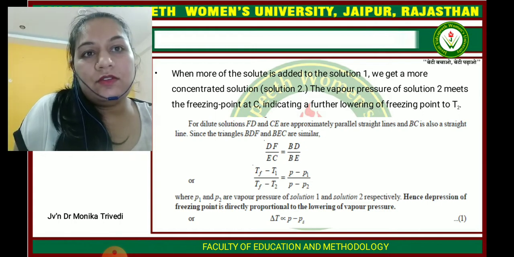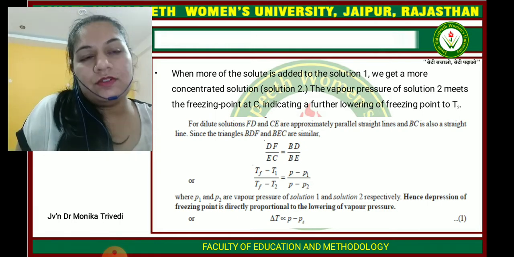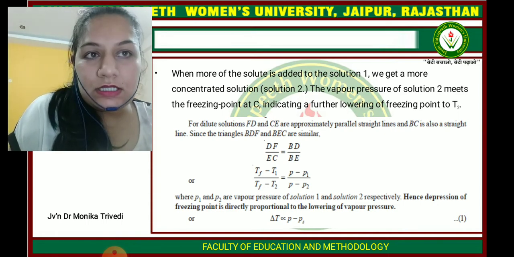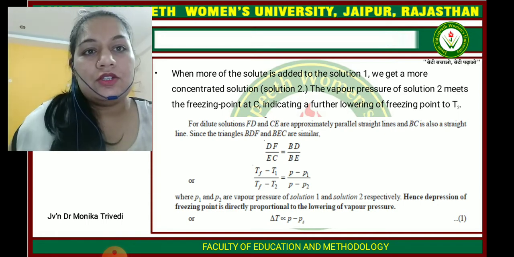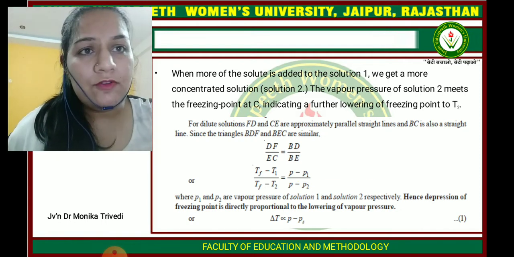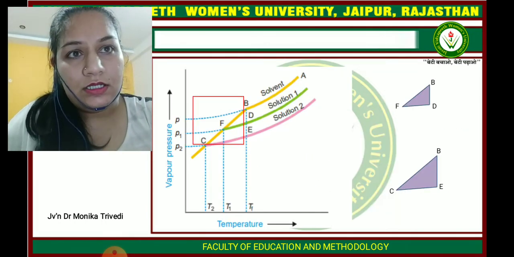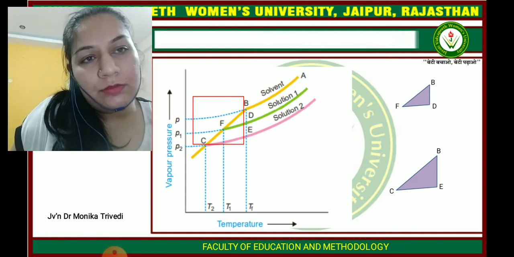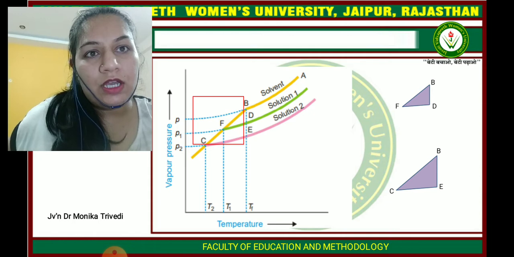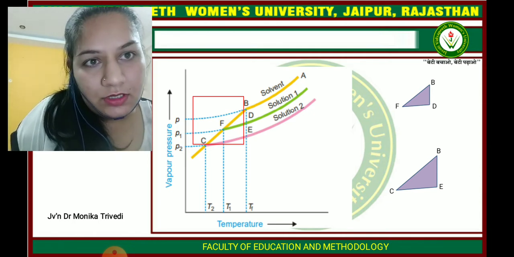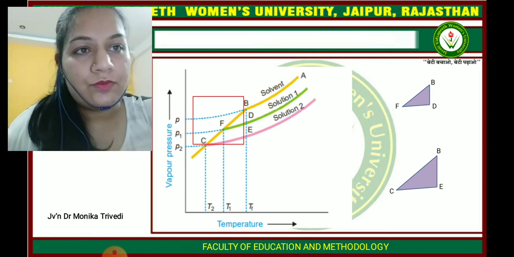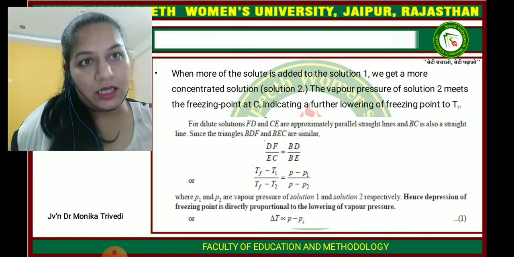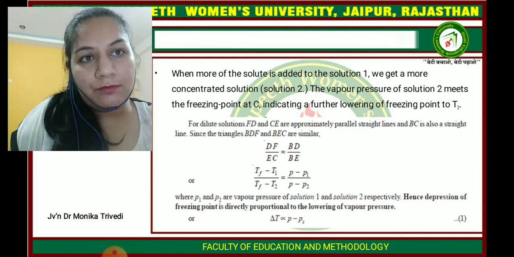So if we compare both triangles, BDF and BEC, they are similar. On behalf of DF we can put the terms T1 and Tf, and on behalf of EC we can put Tf and T2. So here we can put Tf minus T1, because Tf is higher than T1, and Tf minus T2.